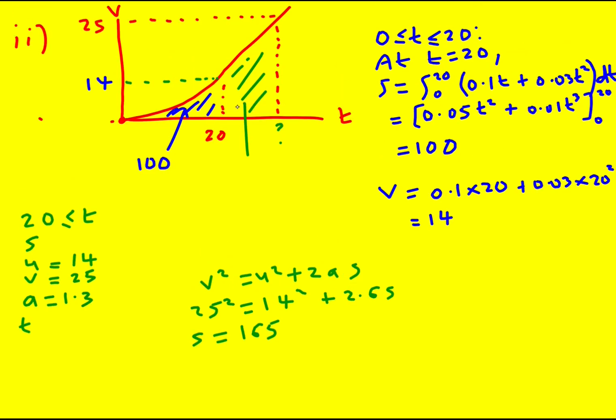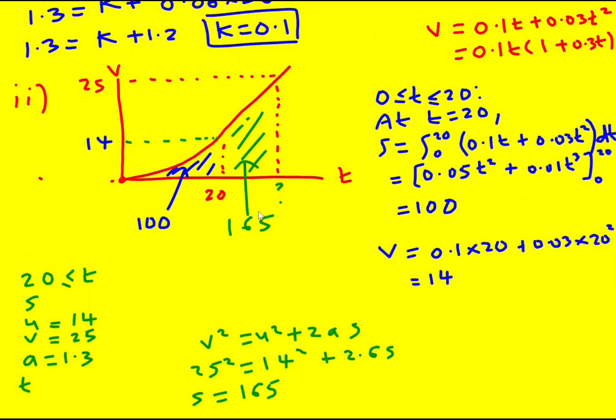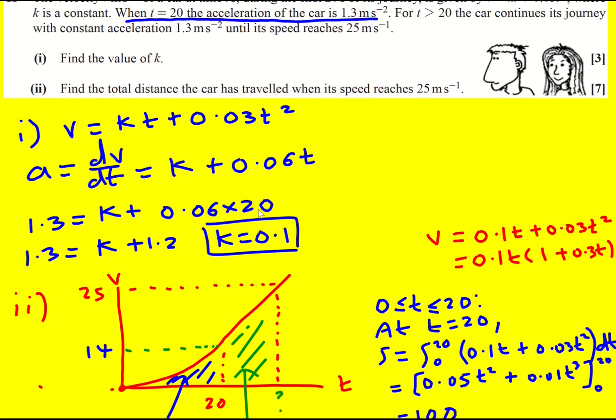And that is this area here. So we're asked the total distance, which is going to be 100 for the 0 to 20 part. You have to split into these two parts, plus 165 for the second part with suvat. Therefore, 265 meters.